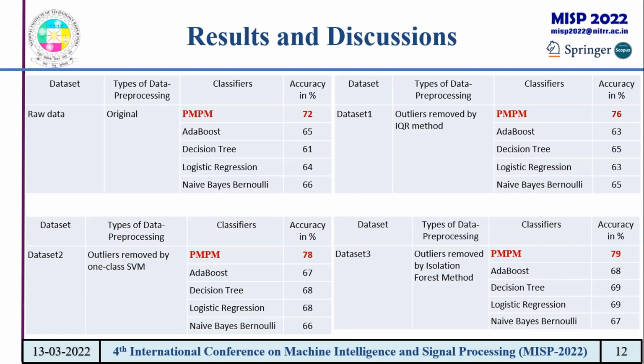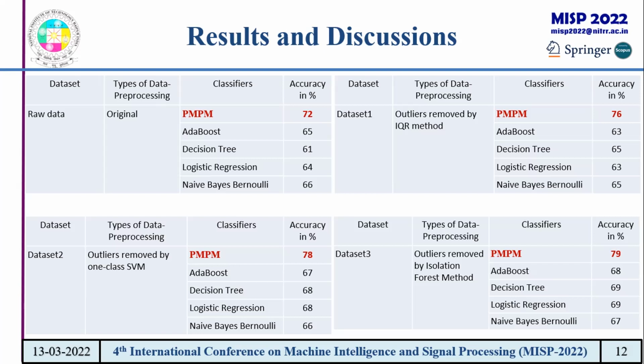Next, for the data set with outliers removed by one-class SVM, we found the proposed model gained an accuracy of 78, whereas the decision tree and logistic regression gave around 68.